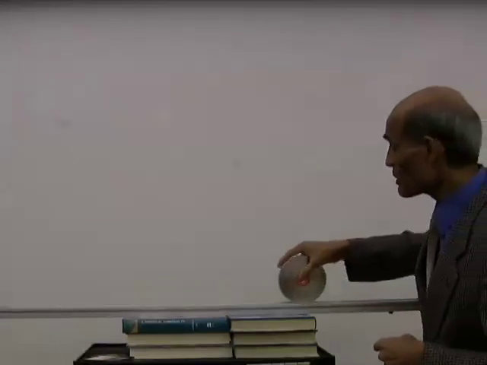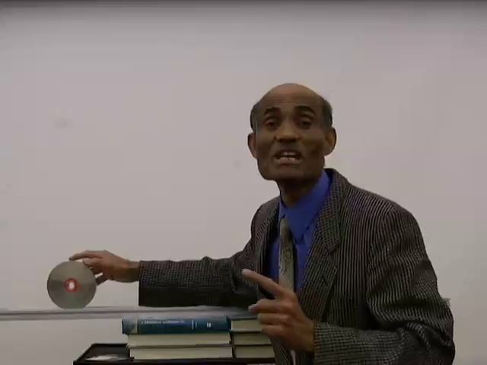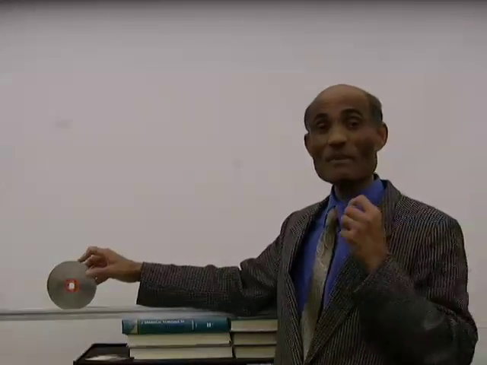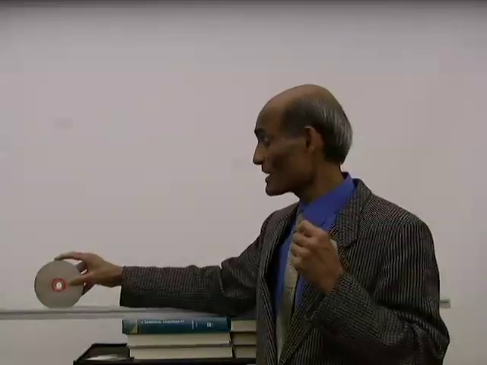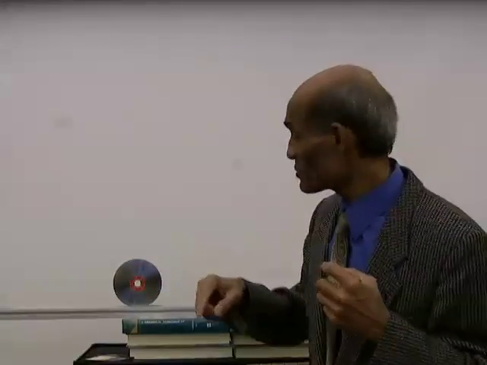That means there is a translational kinetic energy 1/2 m v center of mass. It's the velocity of the center of mass that gives it the translational kinetic energy. So this rolling disc has two types of kinetic energies.